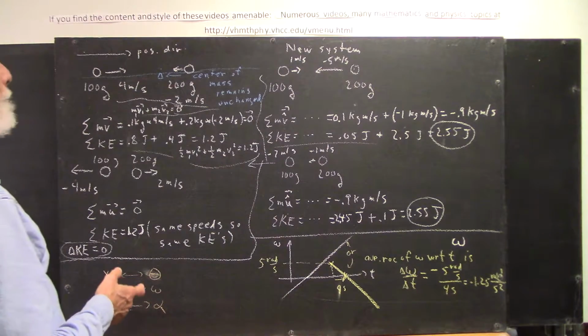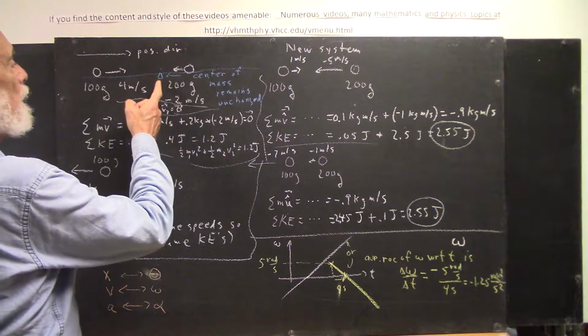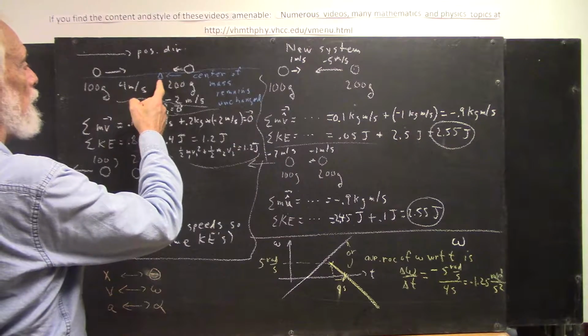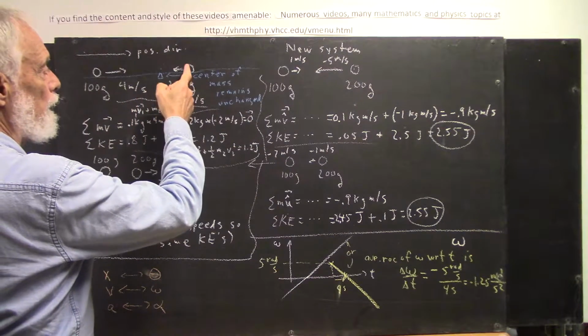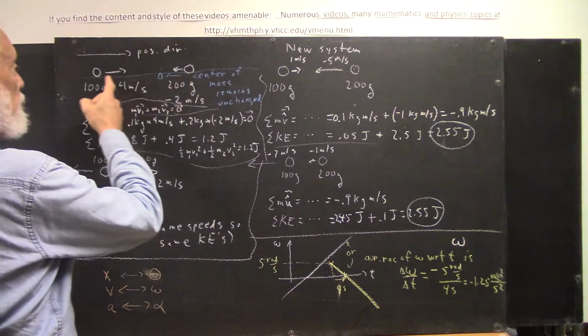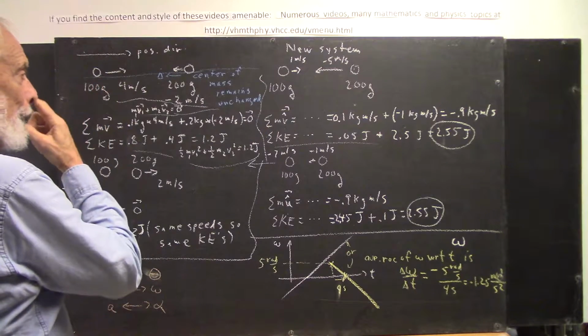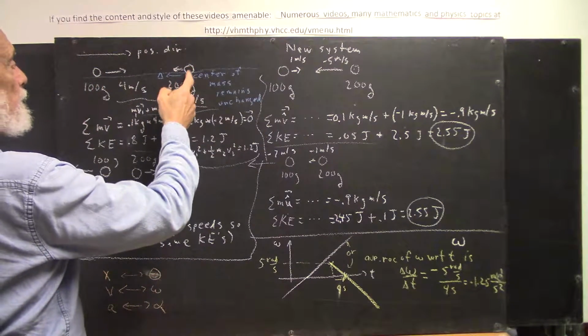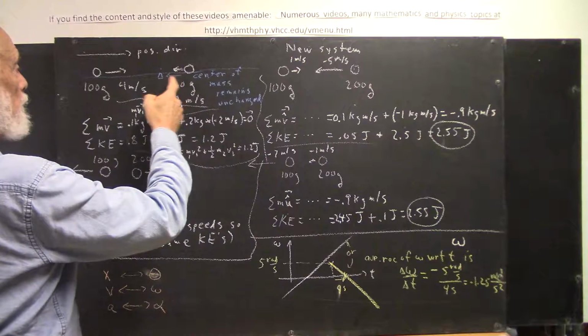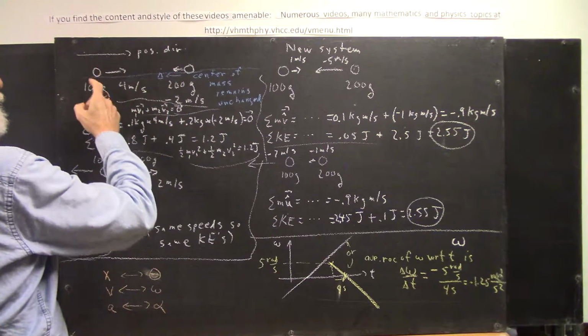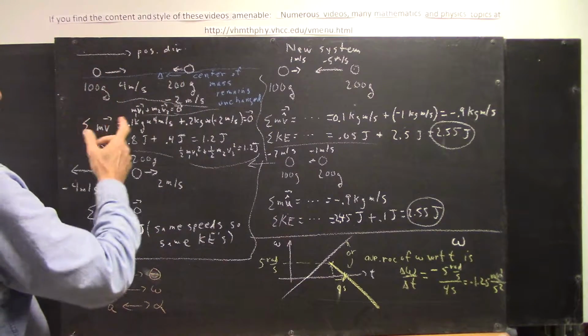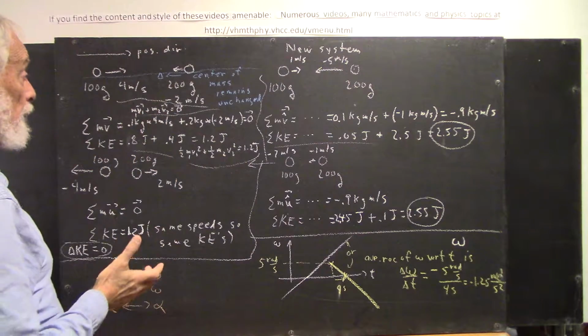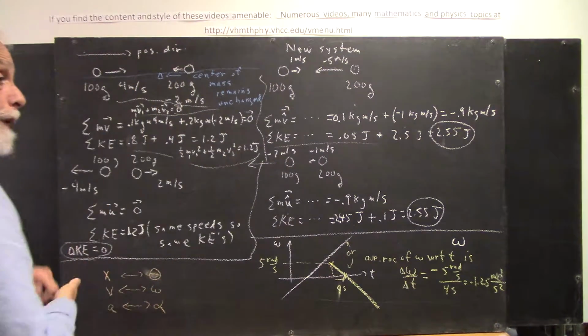Okay? So if we move the fulcrum from the position of this mass to the position of this mass, the rotational tendency of this mass will be increasing as we move this way. The rotational tendency of this mass will be decreasing. Now, the rotational tendencies are in opposite directions. There's some point in between where they would match.